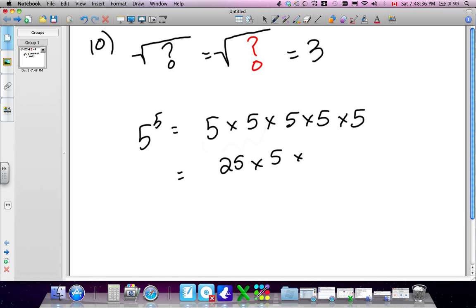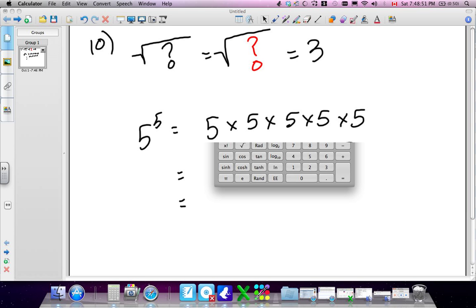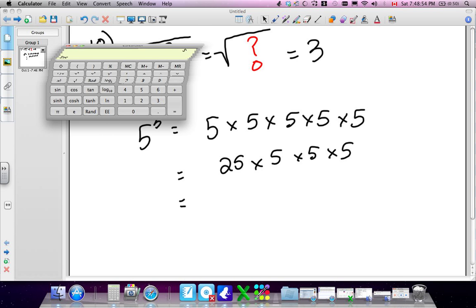That can't be right. Try that again. 25 times 5 equals, there you go, 125. So I get 125. Remember, I did those two to get that, then I did these two to get this, so then I still have times 5 left, okay?